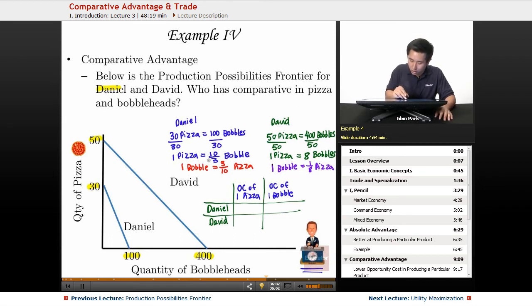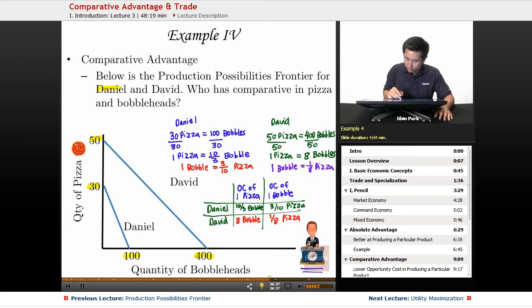So one pizza equals 10 over 3 bauble for Daniel. And one bauble equals 3 over 10 pizza for Daniel. Now for David, one pizza equals 8 baubles. And one bauble equals 1 over 8 pizza here.